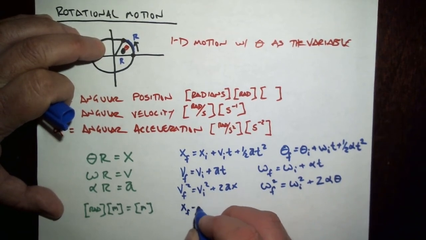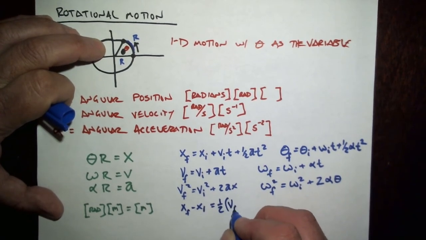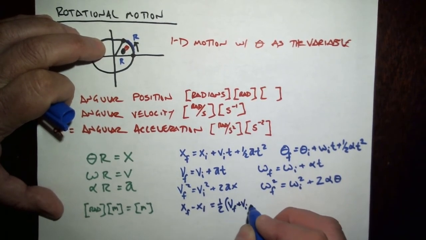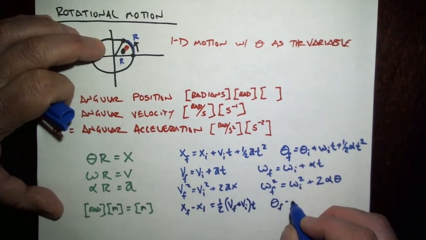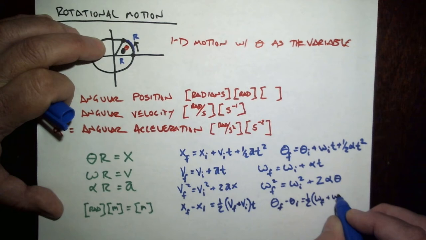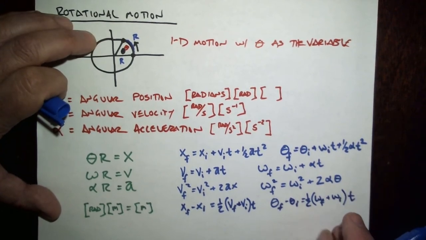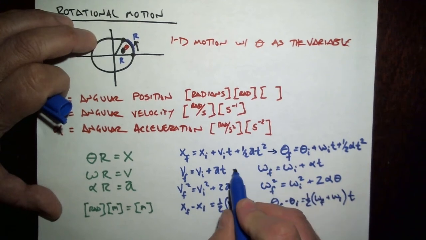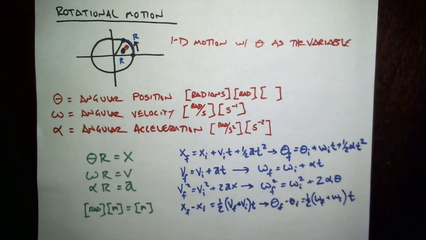That says that xf minus xi equals 1/2 vf plus vi times t, and that becomes theta f minus theta i equals 1/2 omega f plus omega i times t. Notice that t doesn't change in the angular world, it's still time. So these are the equations of motion if you're going to solve problems in a round and round sense.